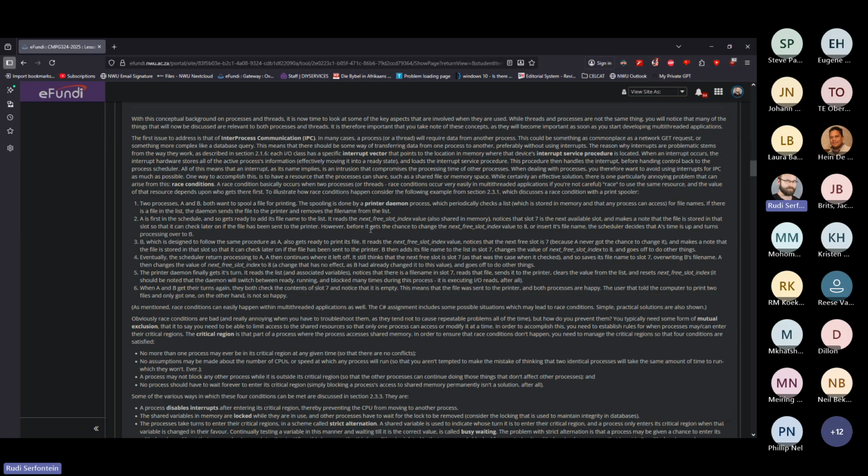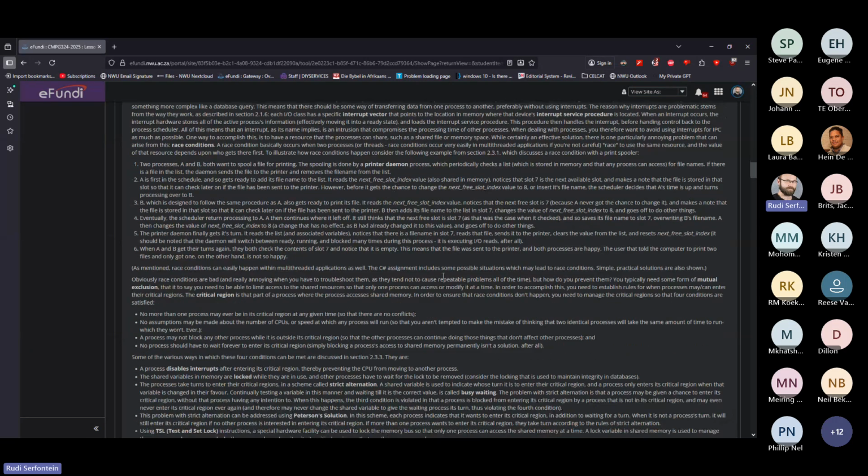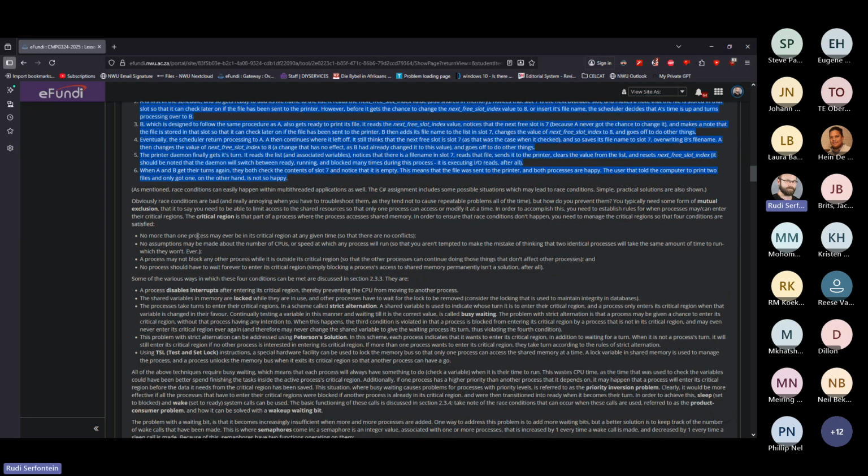Okay. Now, one thing I'd like to point out here from this lesson, this is a description of how you could potentially get a race condition or encounter a race condition. This is followed by the conditions that are necessary for a race condition to occur.